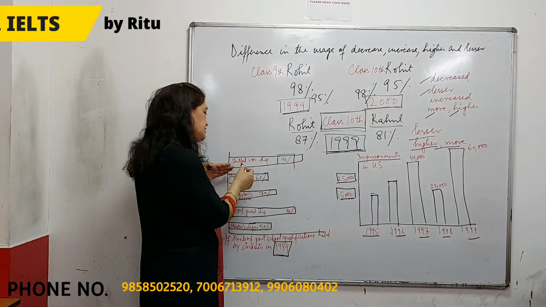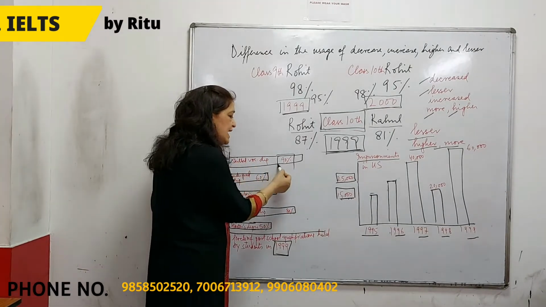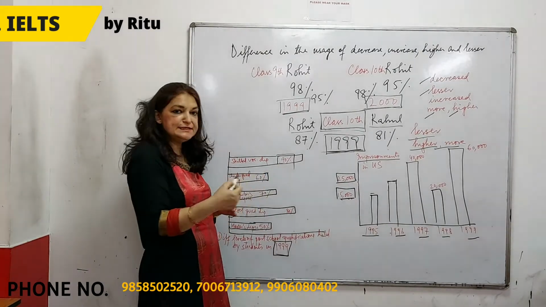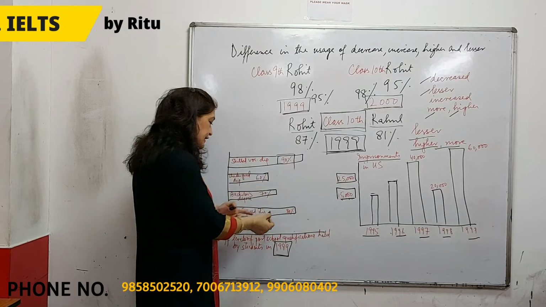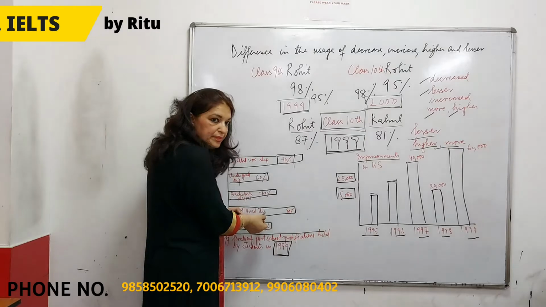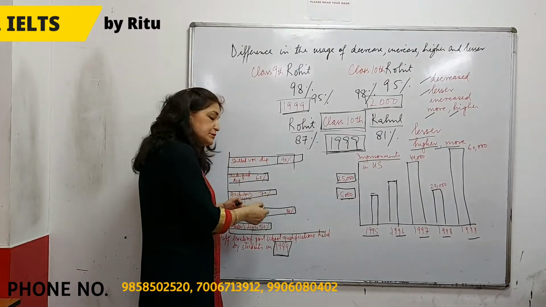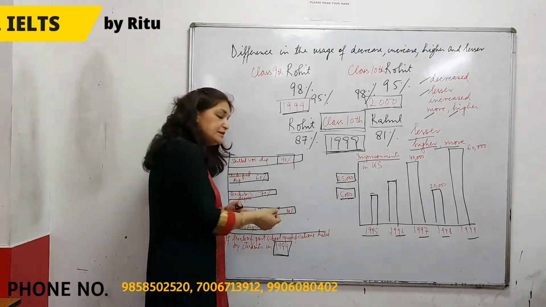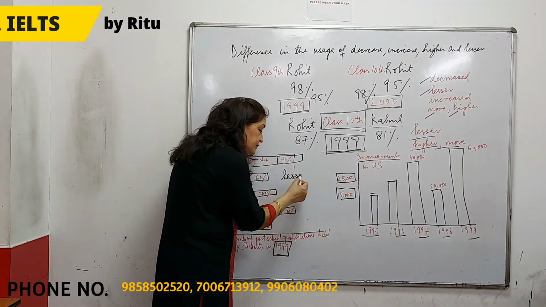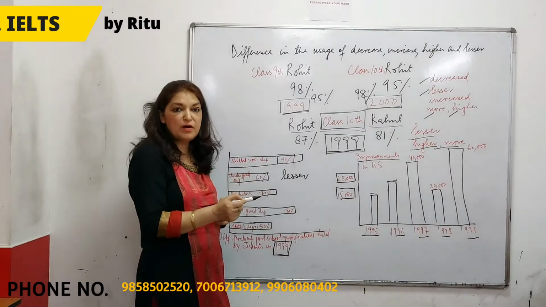I'll say the graph clearly shows that skilled vocational diploma tops the chart as the highest ratio of students opt for this course, which was 90%, followed by, now which one is second? 80%, followed by postgraduate diploma, which was opted by 80% of students, or this qualification was held by 80% of students, which was 10% lesser in comparison to students opting for skilled vocational diploma.